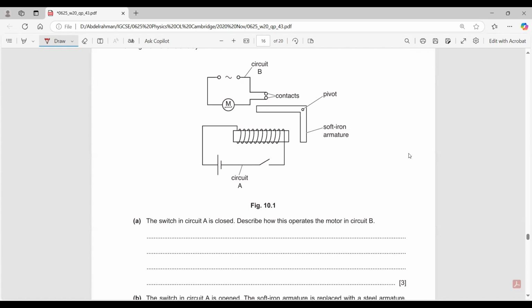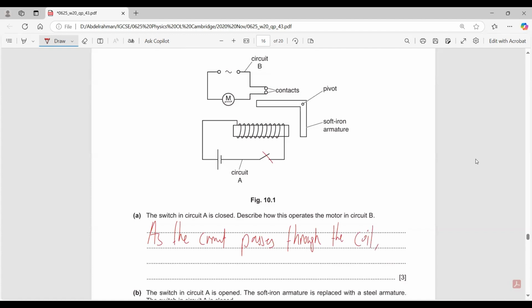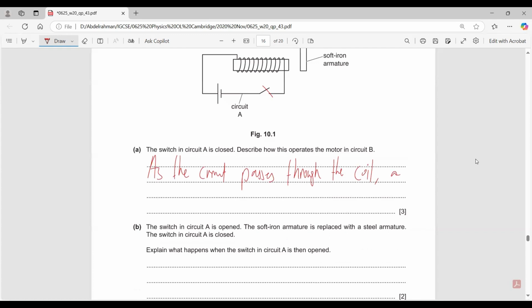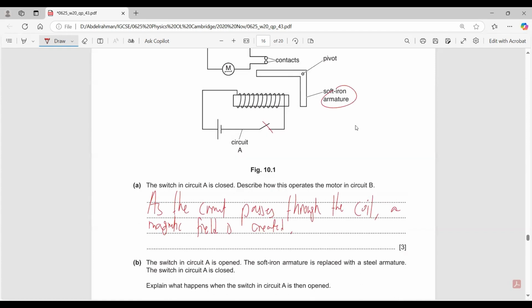What happens? As you switch on the circuit in A, as the current passes through the coil, a magnetic field is created. As this magnetic field is created, what happens? It attracts the soft iron armature.